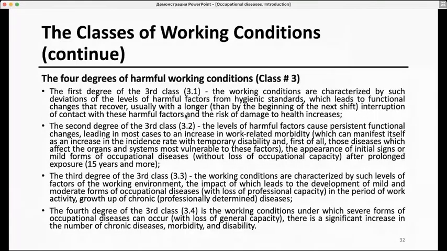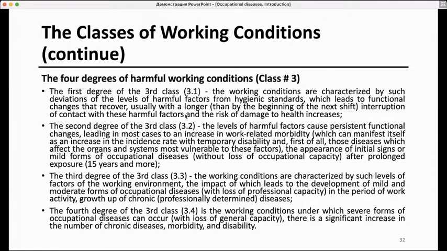And as I said, we would talk about the third class in detail. The 4 degrees of harmful working conditions are reported for class number 3.